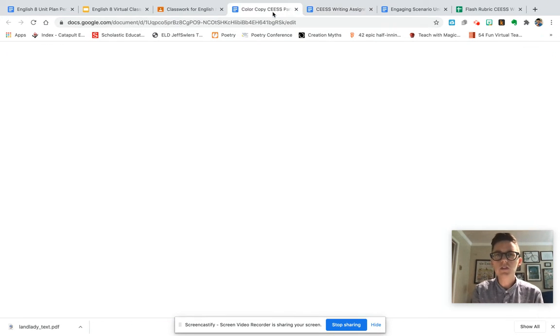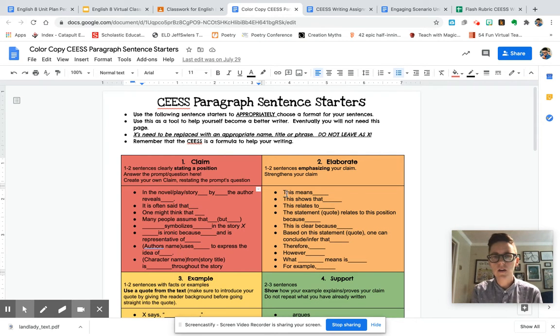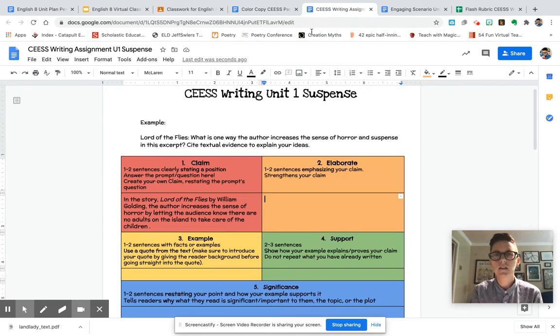So I'm kind of going to use right here, this means, so having no adults on the island means the children are responsible for their care and well-being. Now, if I need to, I can write another sentence here, but I feel like I've done a good job elaborating.